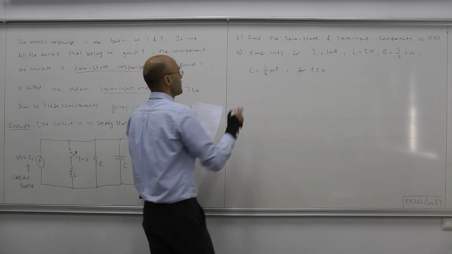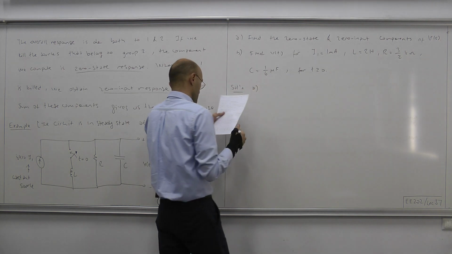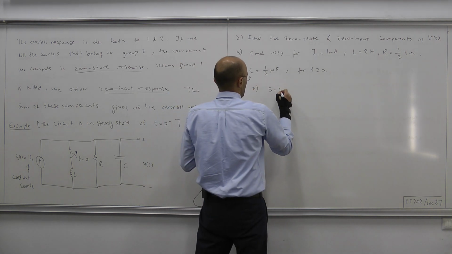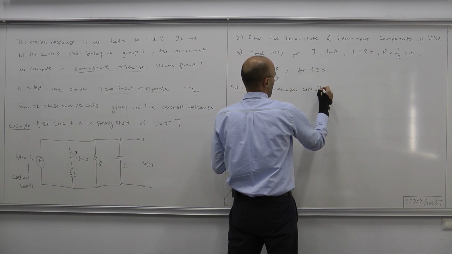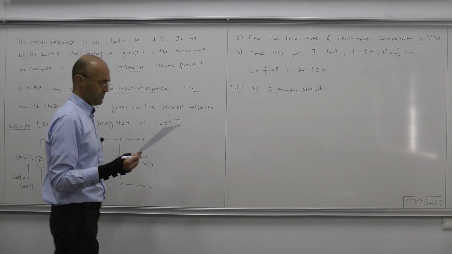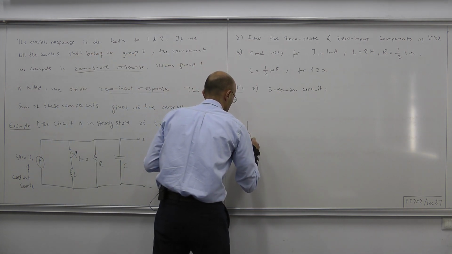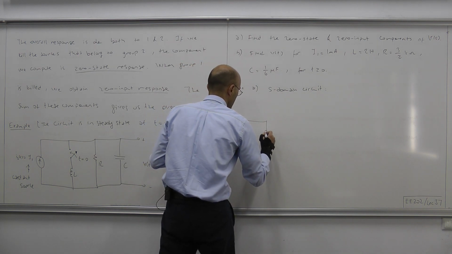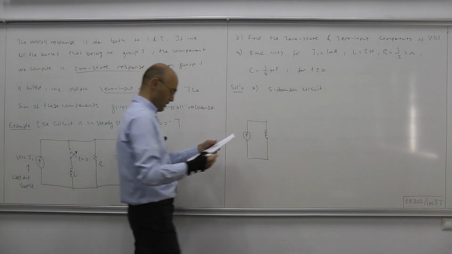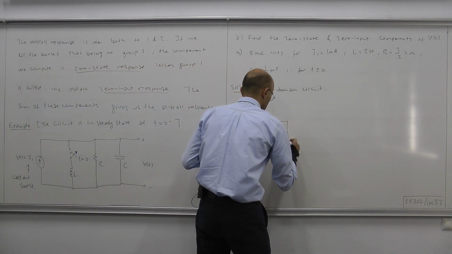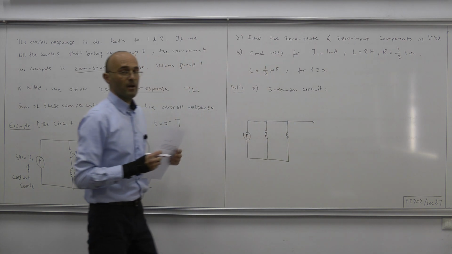Okay, so here is the solution. A. The S domain circuit reads as follows. So we have the current source, we have the inductor, the resistor, and finally we have the capacitor.